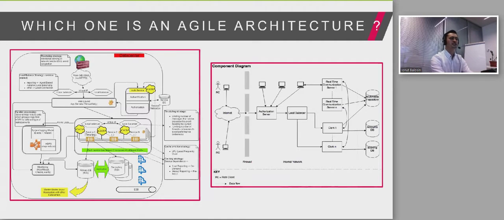So basically, actually I don't have a proper answer to this question. Why don't I have a proper answer? Because I don't know the context. Just by looking at two diagrams or three or four, I don't know which of those fulfills the business needs and all the requests around. Without knowing the context, you can't judge effectively.